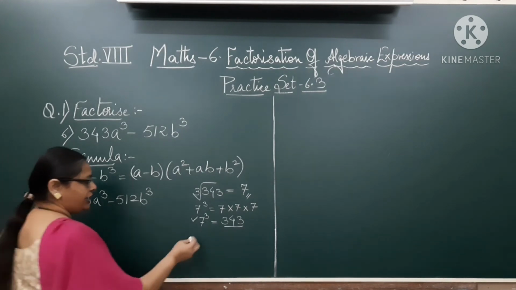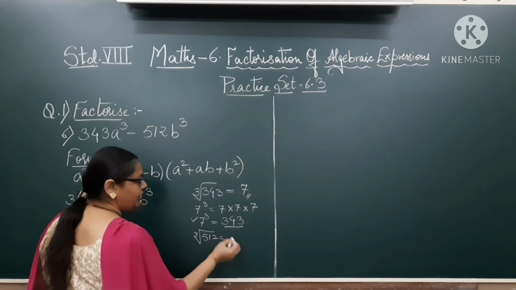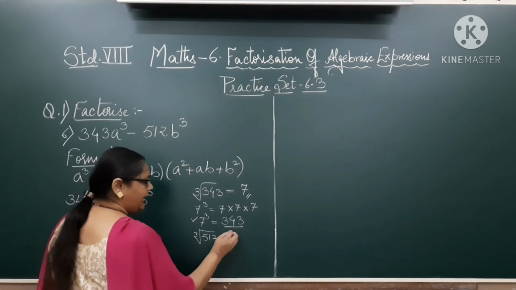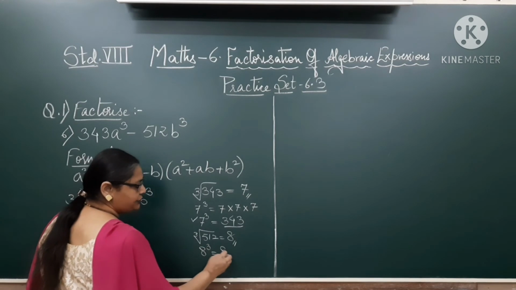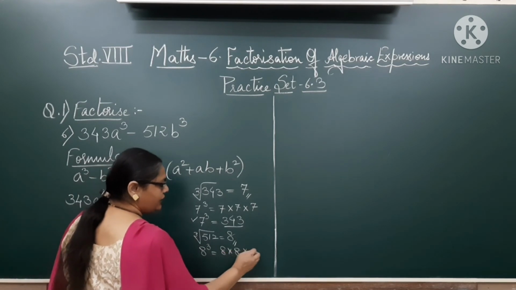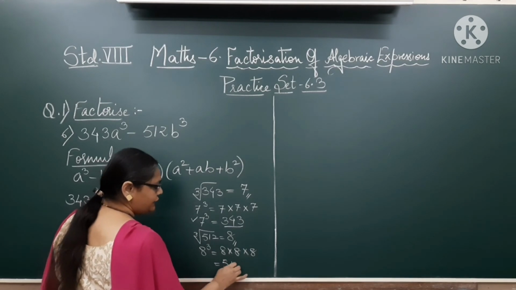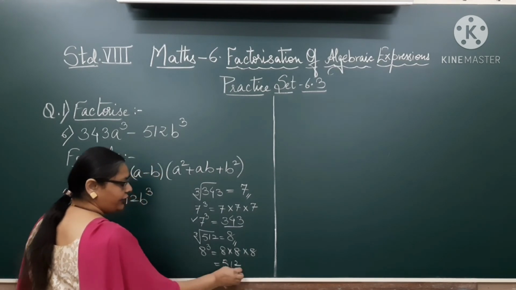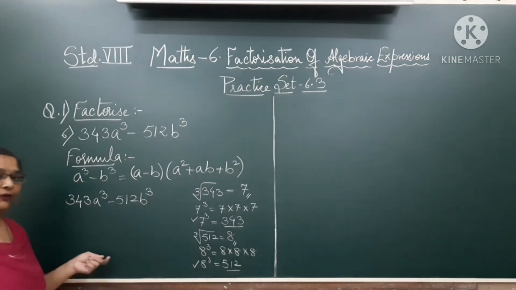The same way 512. Let me find out the cube root of 512, which is 8, because I know 8 cubed is equal to 8 8s are 64, 64 8s are 512. So instead of 512, I can very well use 8 cubed, right?